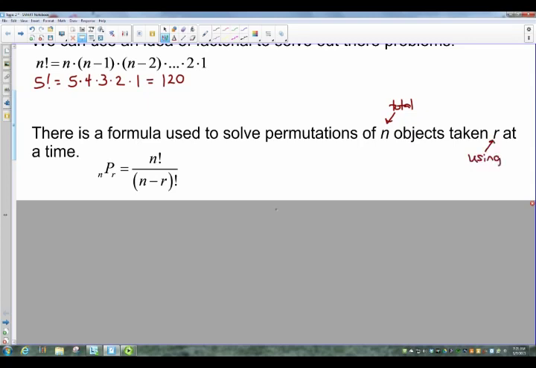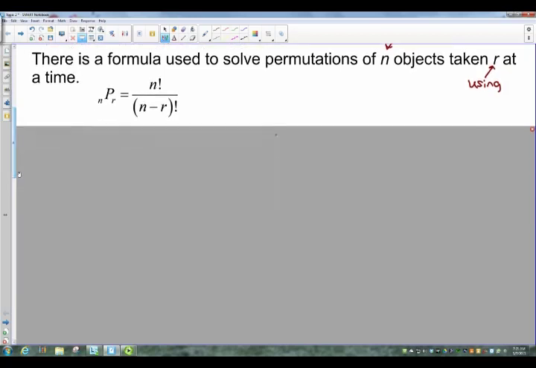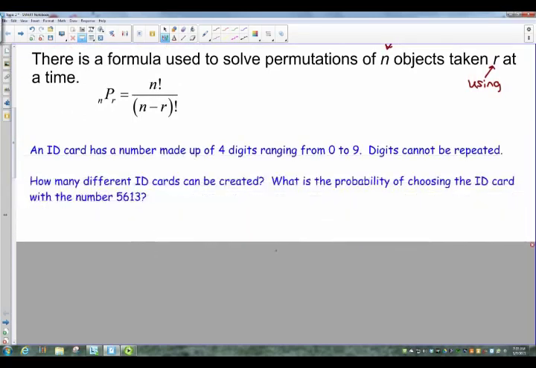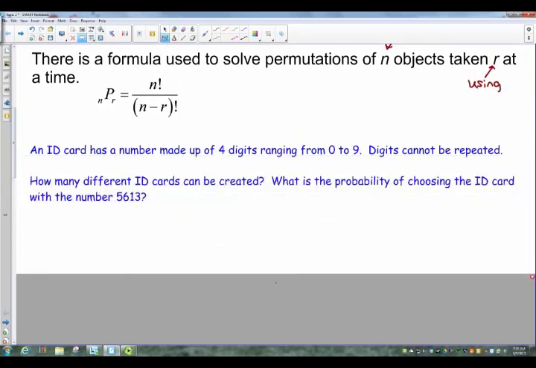So if I have 10 items and I'm using all 10, it would be 10P10. Okay? If I had 15 items and I'm only using 4 of them, it'd be 15P4. Right? But the formula is n factorial over n minus r factorial. Right? And then you simplify from there. And I'm going to show you a couple examples where you simplify. But it's important to understand what they're talking about.